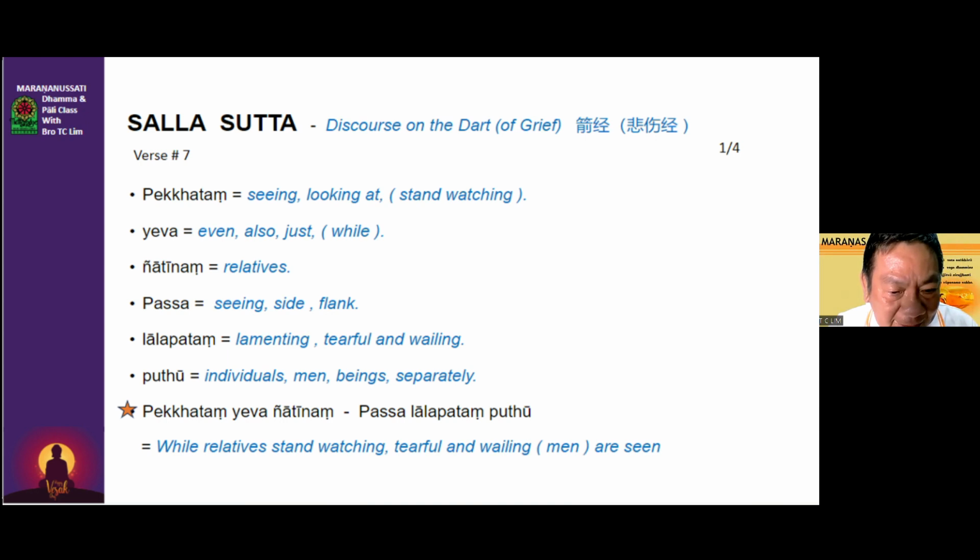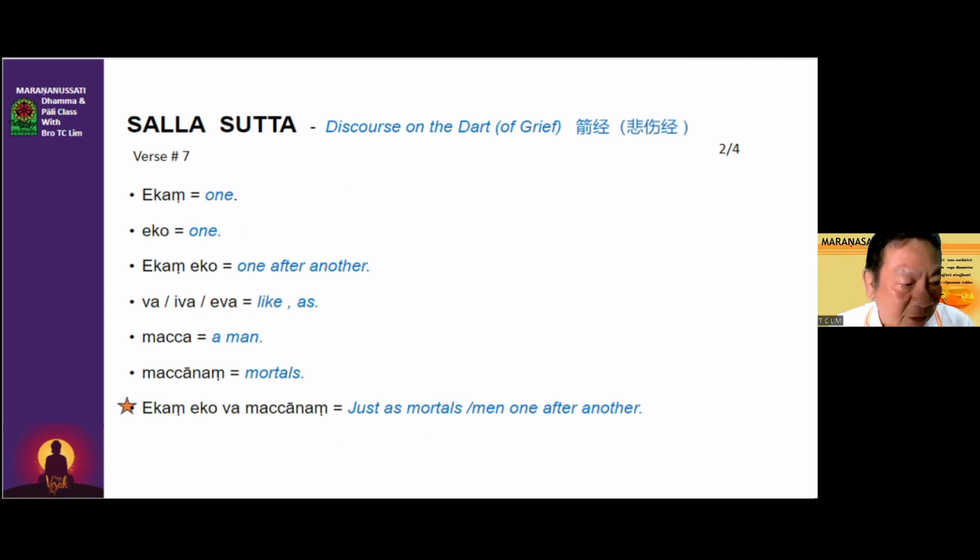Pekatang yever nyatinang pasa lalepatang putu. While relatives stand watching, tearful and wailing, men are seen. Okay, that's what it means. Next part, ekang is one, eko is one.